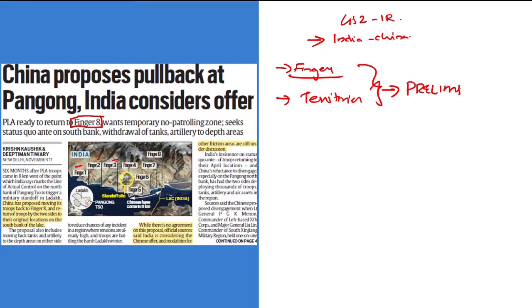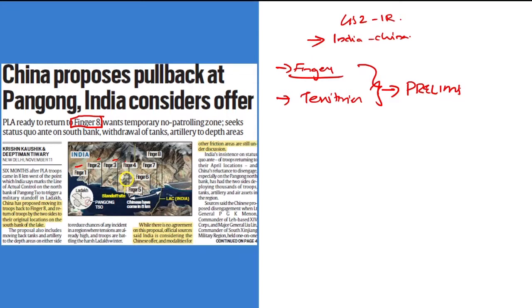If you are not aware of this issue, just go through it and get an idea about what the issue between India and China in Pangong Tso is. For prelims, you will definitely go through what is meant by fingers in Pangong Tso.